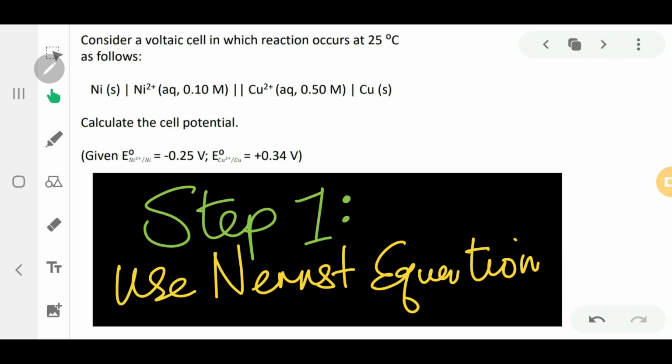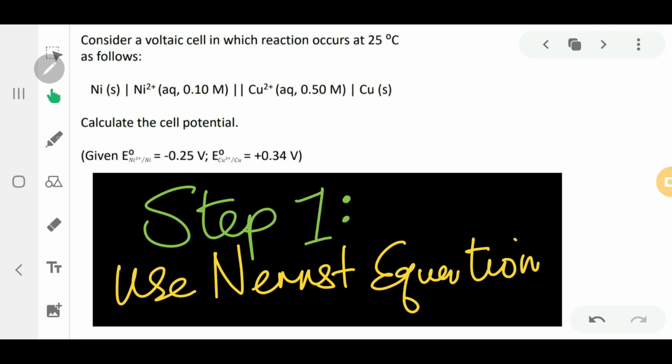To start, we have to write out step number 1. You have to look at the question given to you, find out whether the temperature is at 25 or at a temperature that is not 25 degrees Celsius. Why? Because as you have learned in the previous video, we have the Nernst equation and we have the simplified Nernst equation.